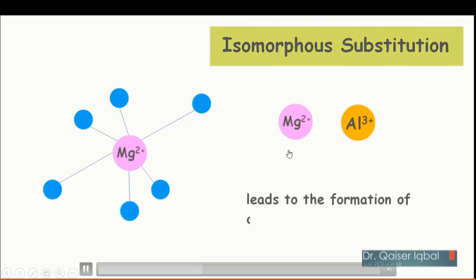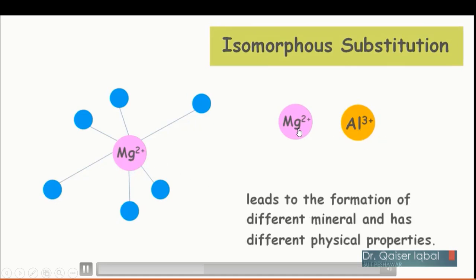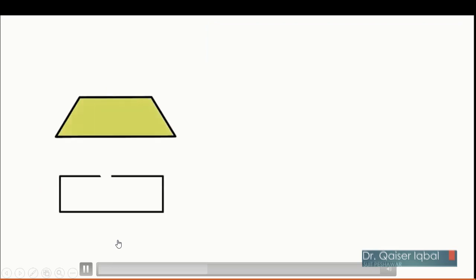So the gibbsite sheet either will have aluminum or magnesium, and if instead of aluminum you got magnesium, that will give you a different type of mineral with different physical properties. That's why I say that there are various types of the clays.